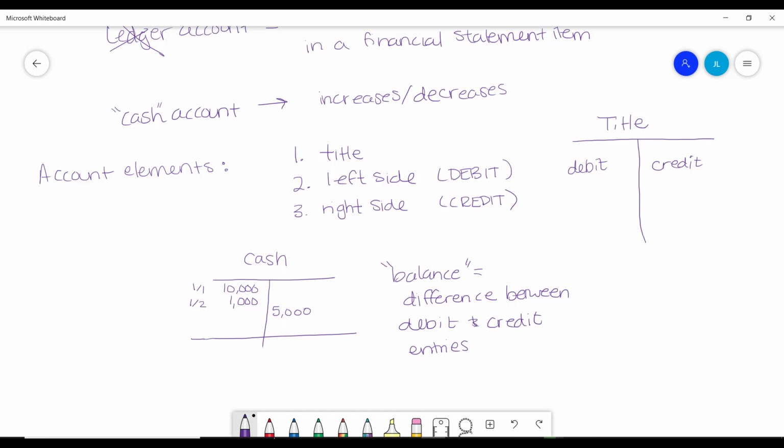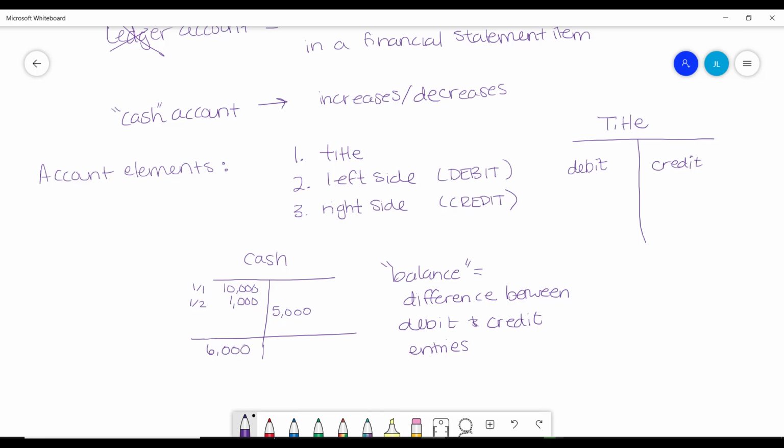Crediting the cash account means I'm decreasing it, and again, we'll get into that in a second, but just to show you guys the idea of what a balance means. A balance is what's left over in the account, essentially. So I initially had $11,000 on the left, and now I've credited or decreased the account with $5,000 on the right, or the credit side. That means I have $6,000 left, and that $6,000 is my balance.